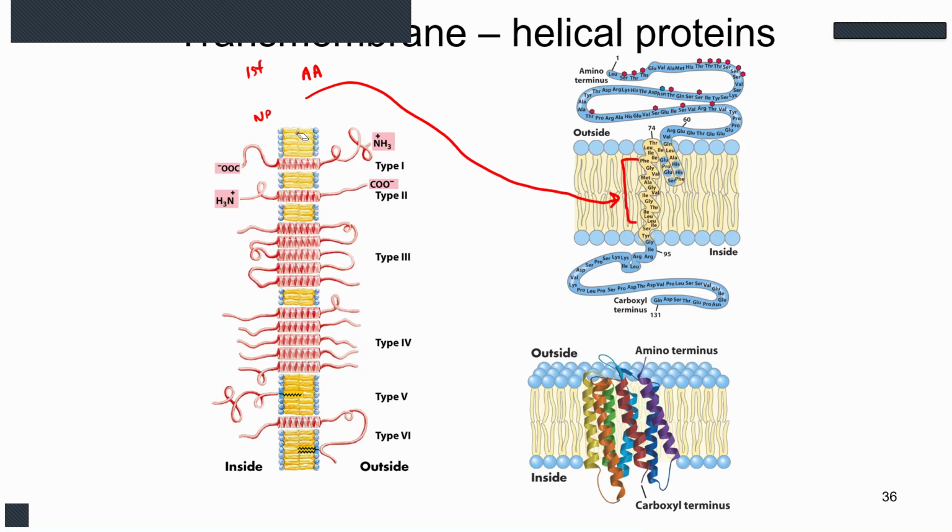Now, the next thing that I want you to know is I want you to know all these. A type 1 transmembrane protein has the N terminus outside of the cell and the C terminus inside of the cell. What about a type 2 transmembrane protein? Well, the N terminus is on the inside and the C terminus is on the outside.